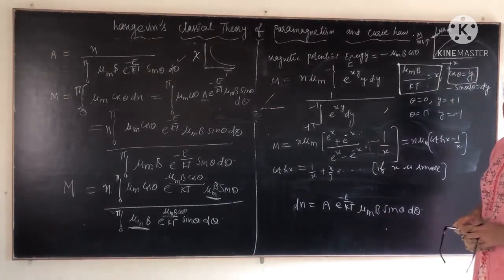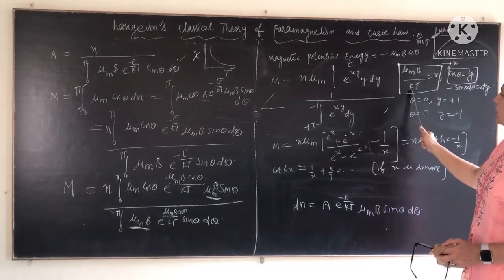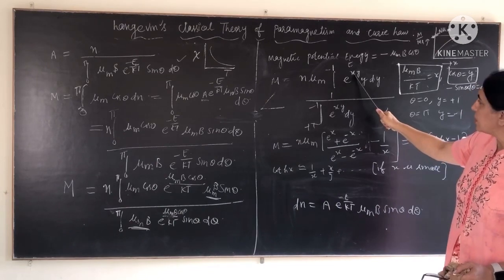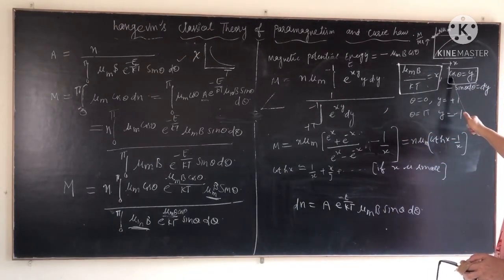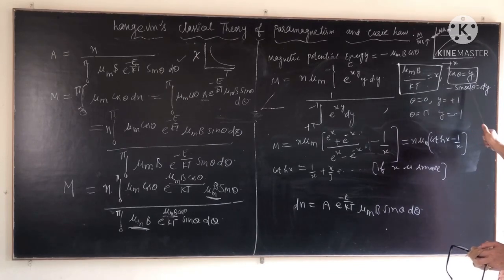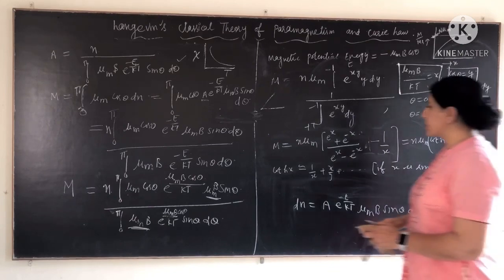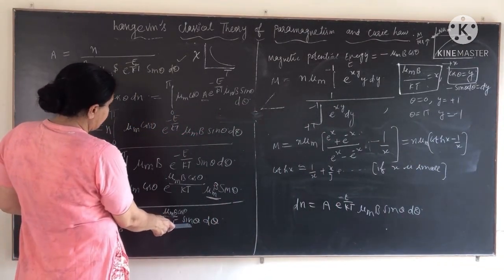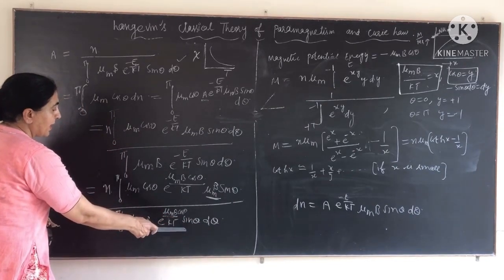The derivative of cos theta is minus sin theta d theta, that is equal to dy. So the same here, this sin theta d theta will be dy.